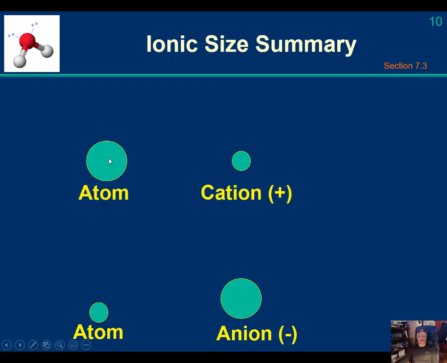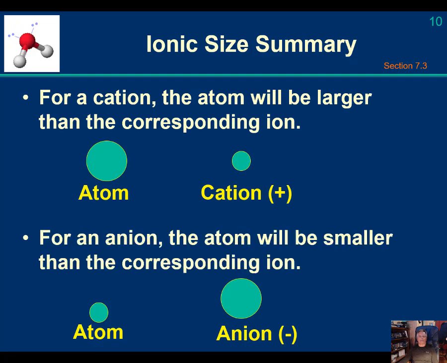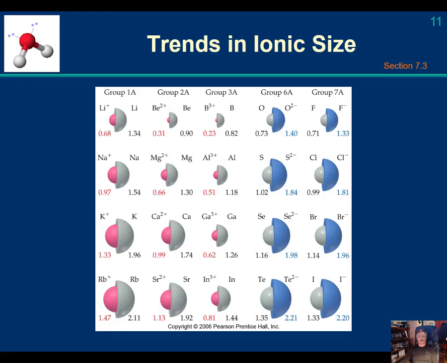Atoms lose electrons, the cations are smaller, and for anions, the atom gains electrons and the anions are larger. For a cation, the atom will be larger than the corresponding ion, and for anions, the atom will be smaller than the corresponding anion. This is just a general trend in atomic size.